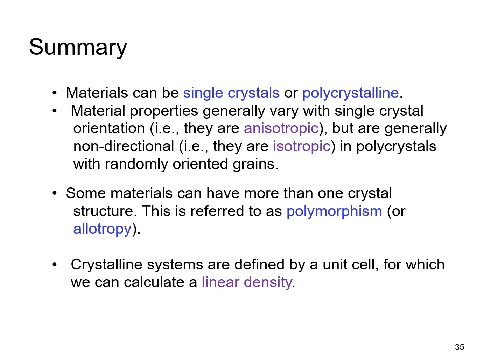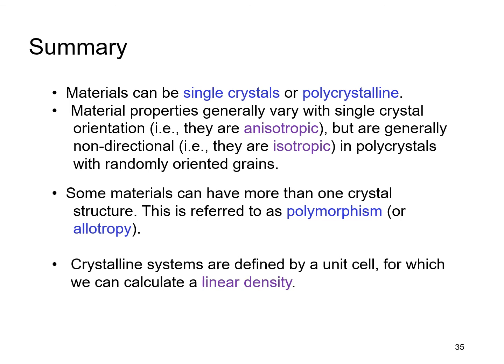We also know that materials can be either single crystals or polycrystalline. We know that material properties vary with crystal orientation. If it's a single crystal, they're generally anisotropic. They're different in different directions, but for polycrystalline materials, the grains are usually randomly oriented and the properties are usually isotropic or non-directional in nature.